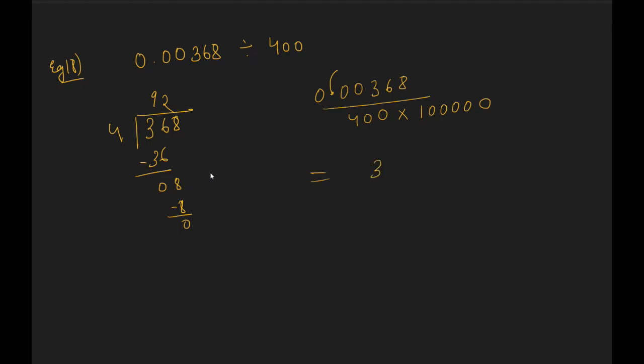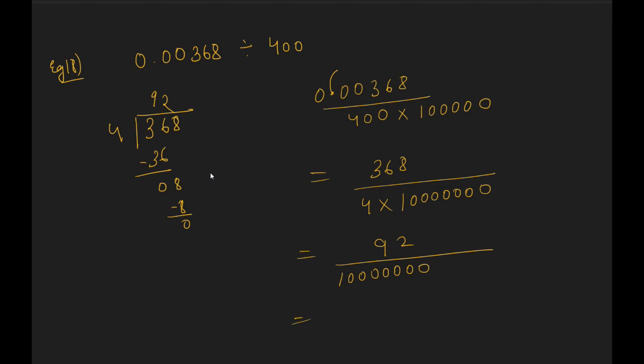So this is 368 upon 4 into how many zeros? 1 2 3 4 5 6 7, 7 zeros. And when we divided 368 by 4, we got 92 upon 7 zeros.